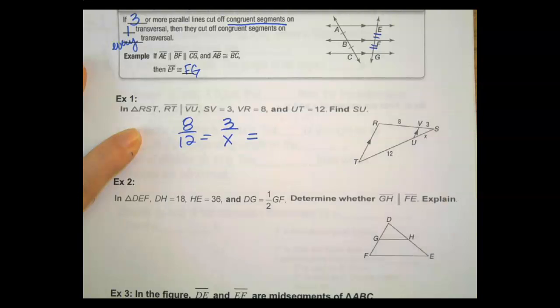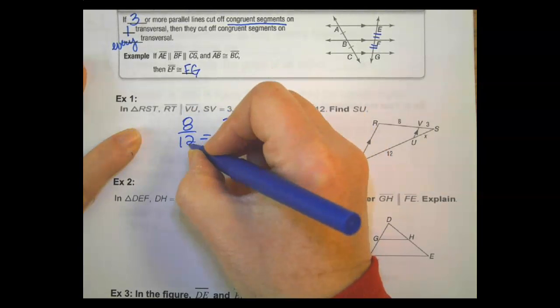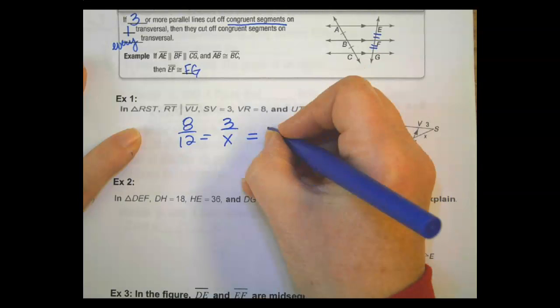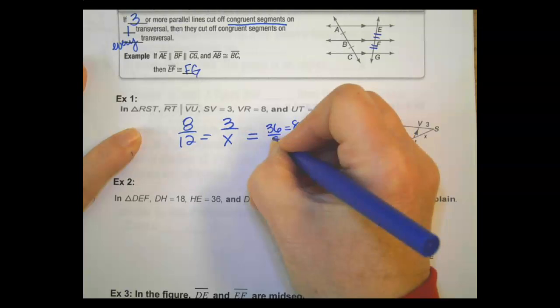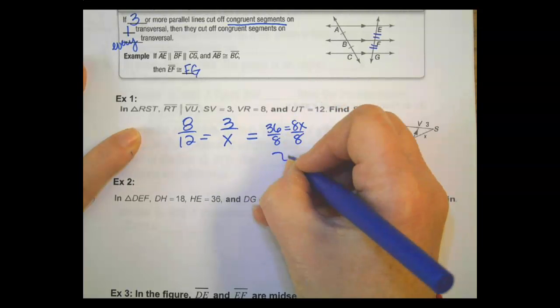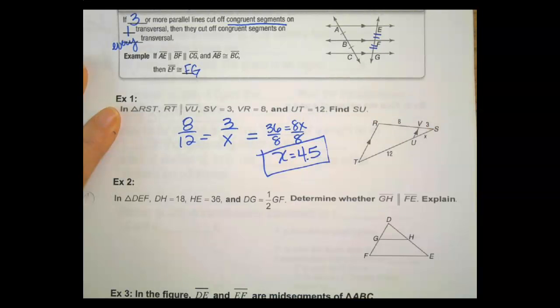Cross multiply. 3 times 12 is 36, equals 8x. Divide by 8. So x equals 4.5. Again, you could have set this up differently and still got that same answer. So whatever makes sense to you.